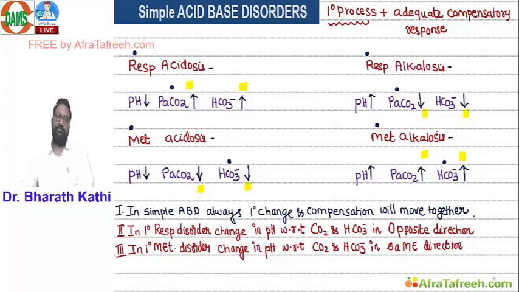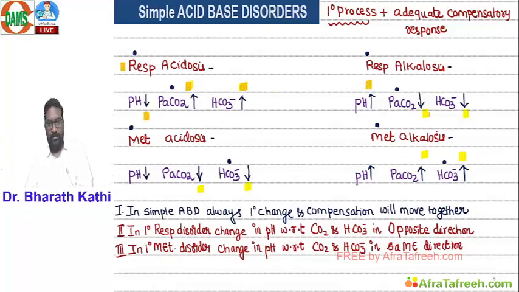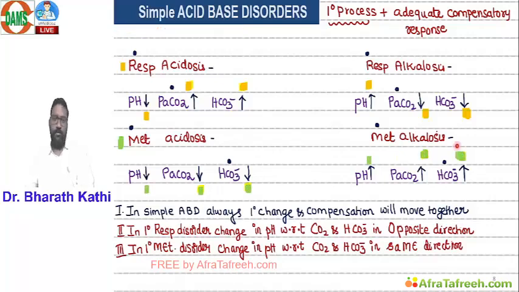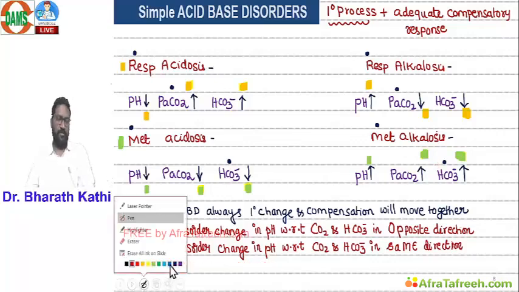So what does it mean? In a primary respiratory disorder, change in pH with respect to the parameters is in opposite direction. In a primary metabolic disorder, change in pH with respect to the parameters is in the same direction. Now what is the logic behind this? Very simple concept.